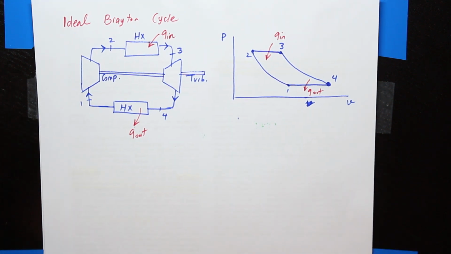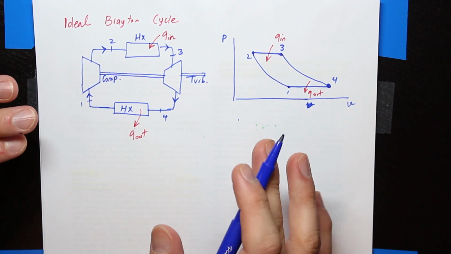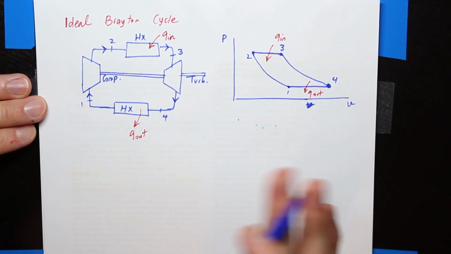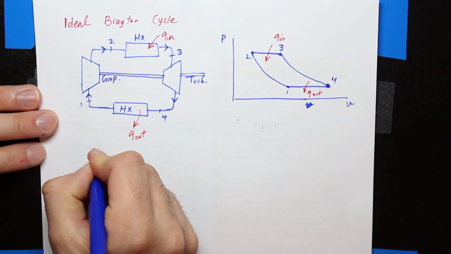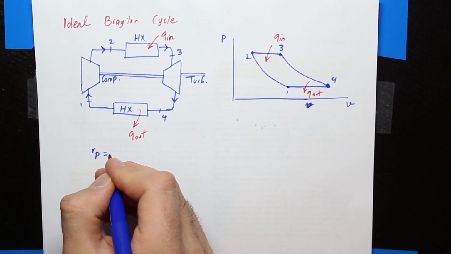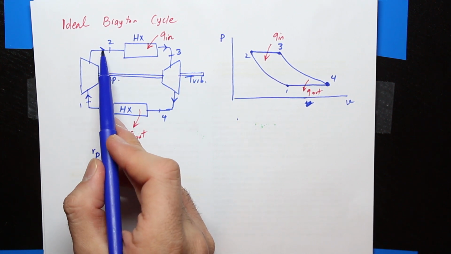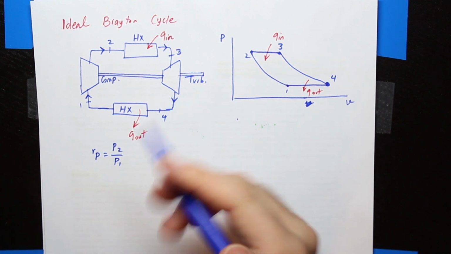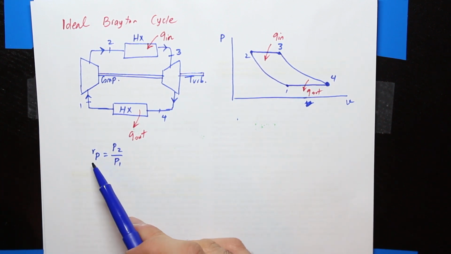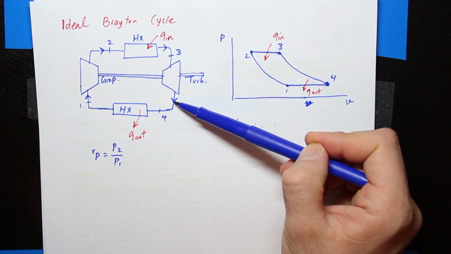Now, you remember I had 3 R's. So far we have done 2 R's: R, which is the compression ratio, RC, which is the cutoff ratio, and here we have RP, which is the pressure ratio. Okay, RP is the pressure after the compressor to before the compressor, P2 to P1. Sometimes in problems, we consider the same ratio before the turbine to after the turbine.